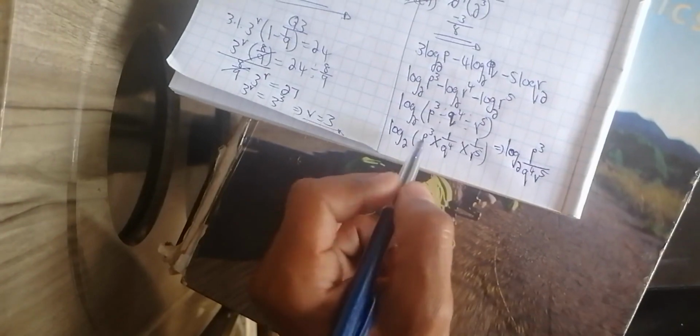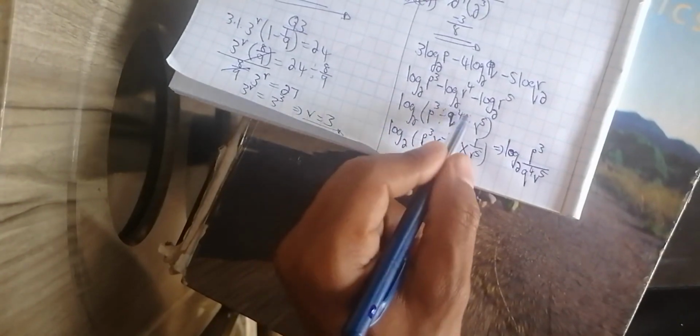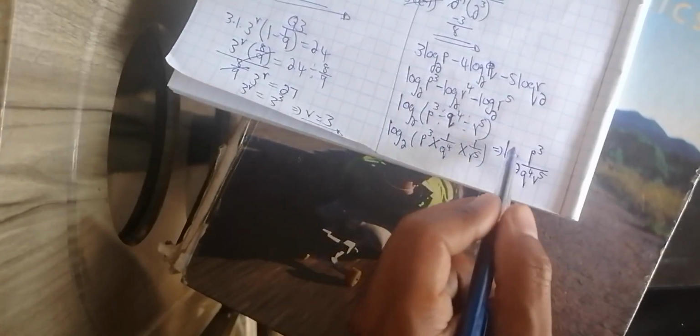Can you see that? Because I know when I change division to multiplication here, they will swap. You will end up with something like this, if this is making any sense to you. Or you can even leave it like that.